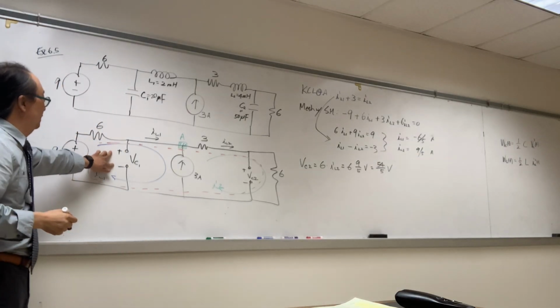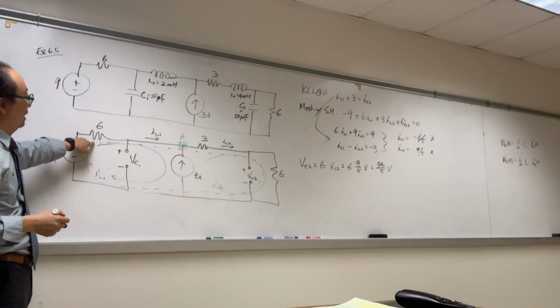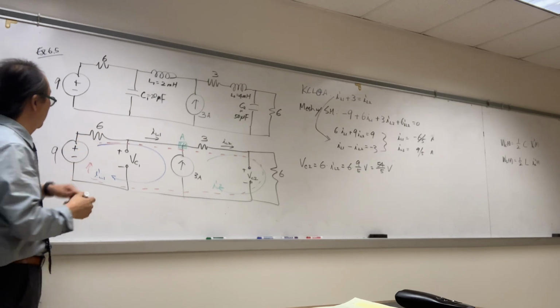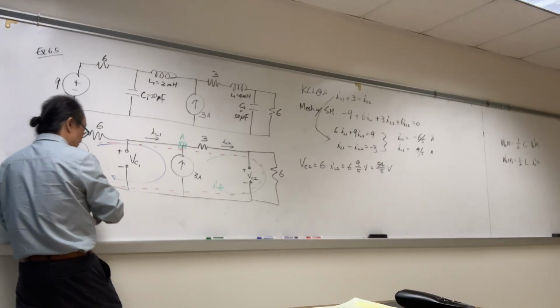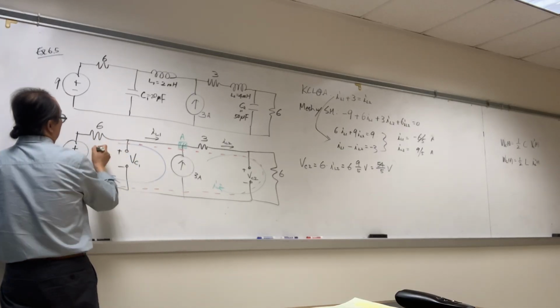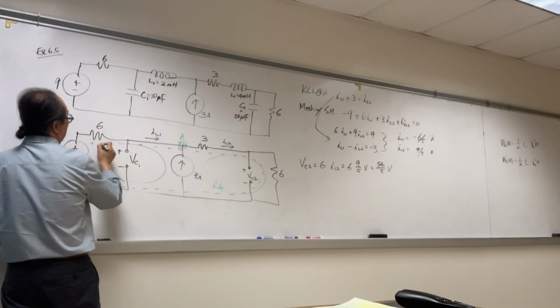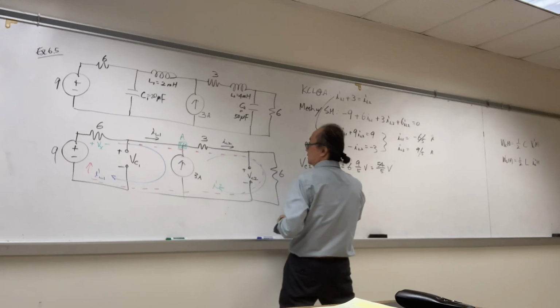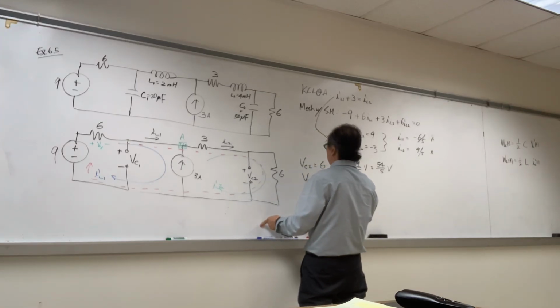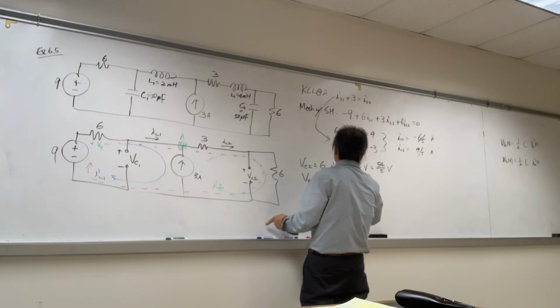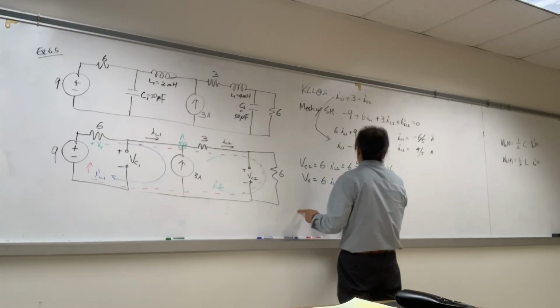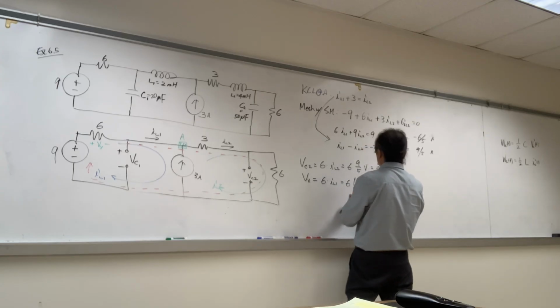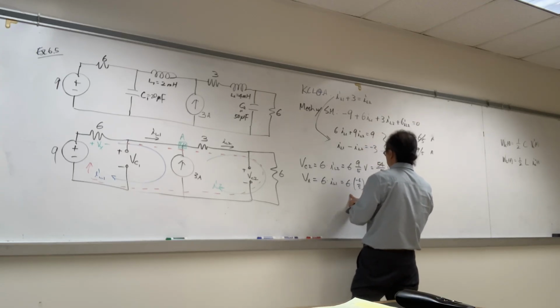Now to find VC1, we first calculate the voltage across the 6 ohm, which I'll call Vx. Vx equals 6 times IL1, 6 times -6 over 5, therefore -36 over 5 volts.